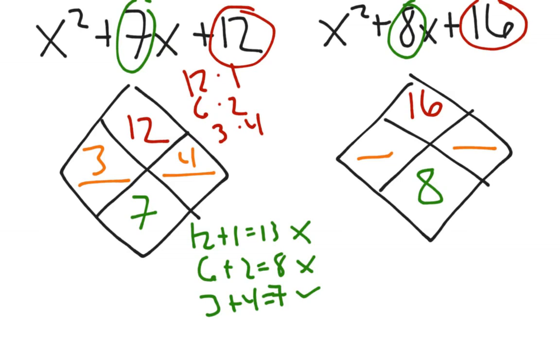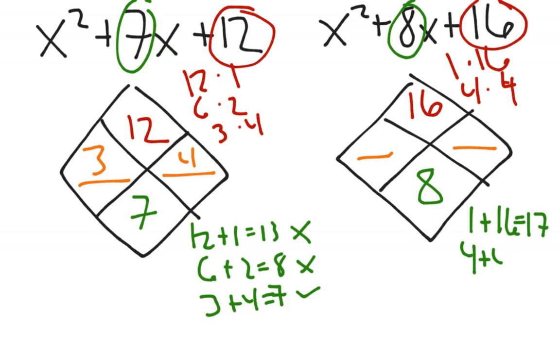Let's try 16. Let's see here, 1 and 16. But 1 plus 16 is 17. We can try 4 times 4. 4 plus 4 is equal to 8. Oh, that works.